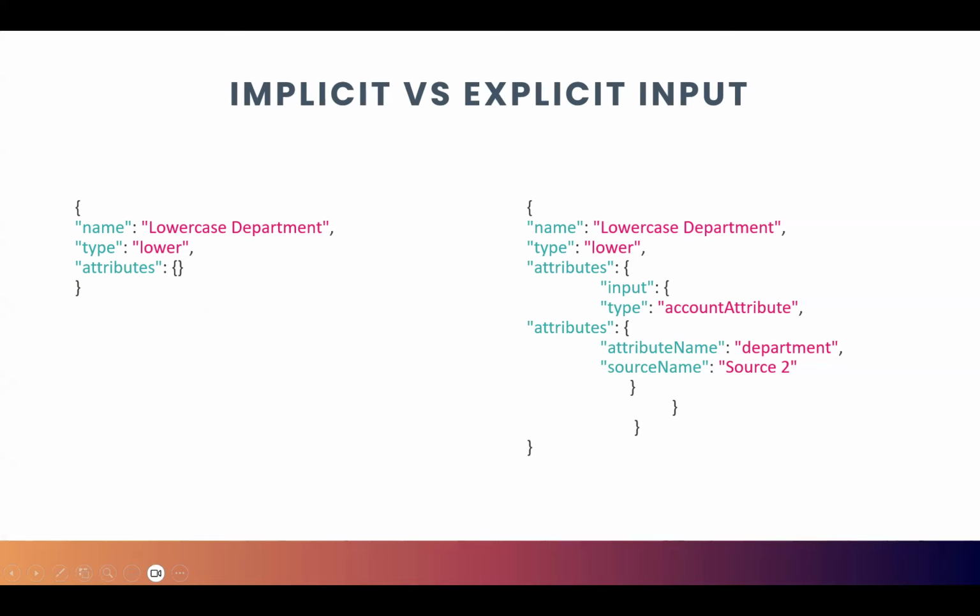Here, if you notice, there is no attribute value which we have given. So this is an example of an implicit transform. The transform uses the input provided by the attribute you mapped on the identity profile. We will see in the UI a little later.